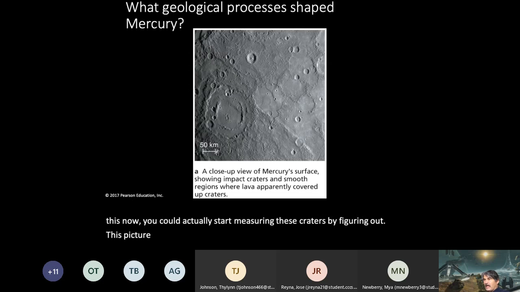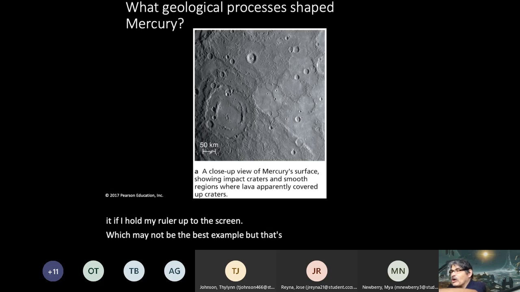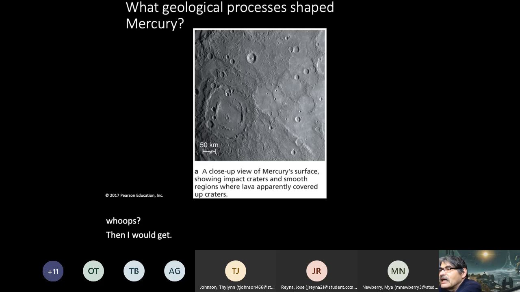This scale is 50 kilometers. So if I hold my ruler up to the screen, which may not be the best example, but that's the best I can do at the moment, then I would get 50 kilometers divided by 1.5 centimeters.